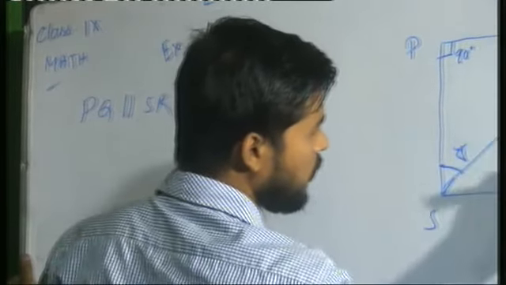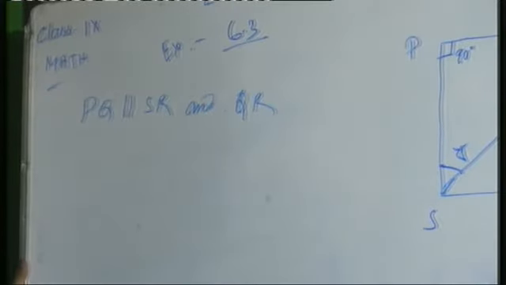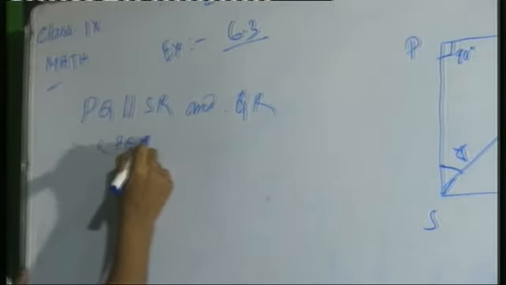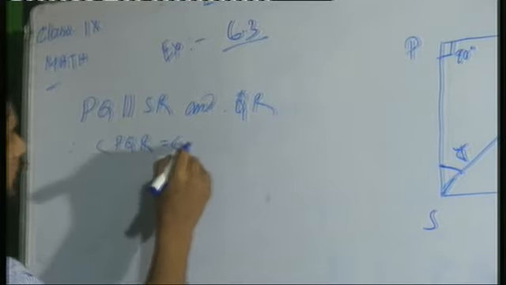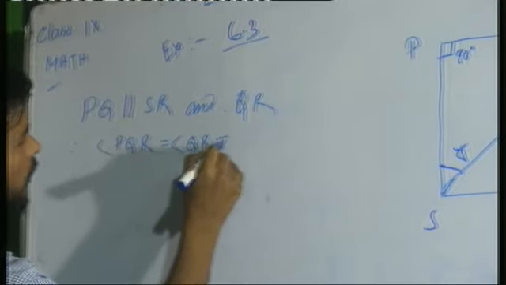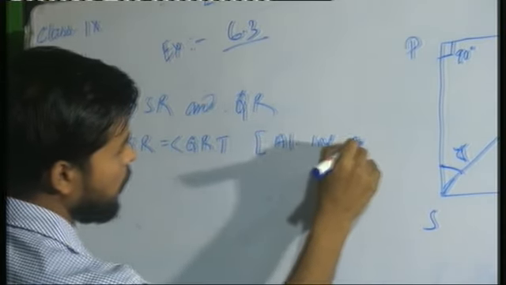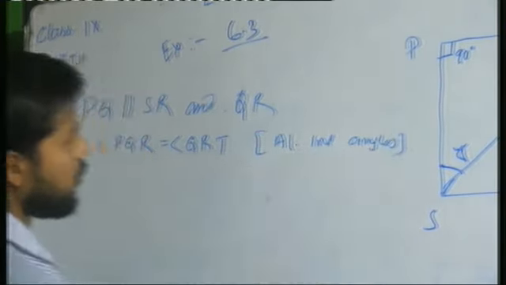So this angle and this angle will be equal. So therefore angle PQR will be equal to angle QRT. Why? Because they are alternate interior angles.